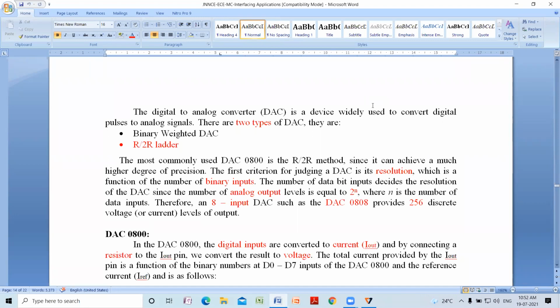So digital to analog converter is used to convert digital pulses into analog signals. There are two types of the digital to analog converters.